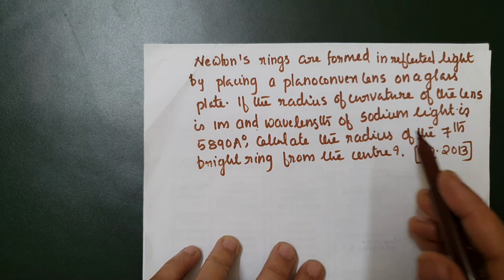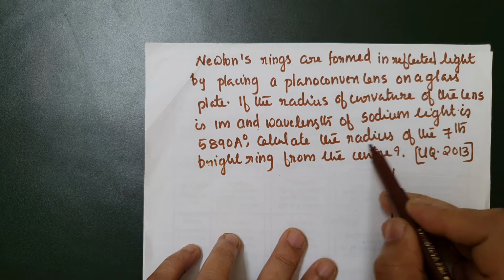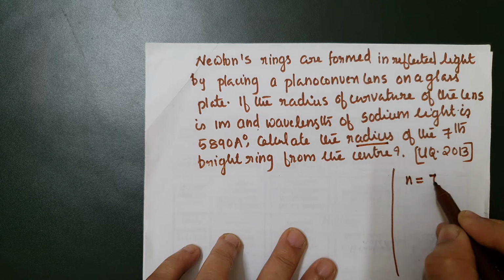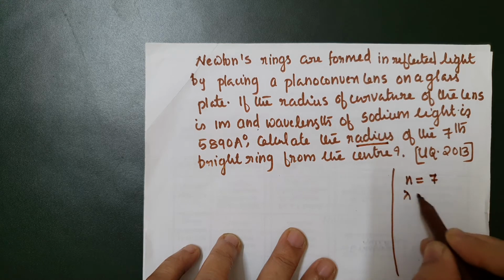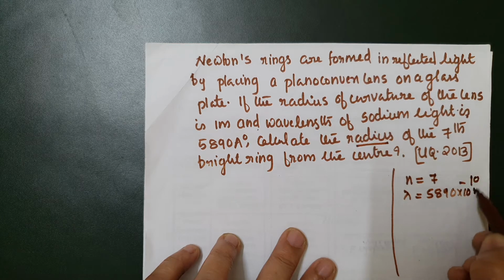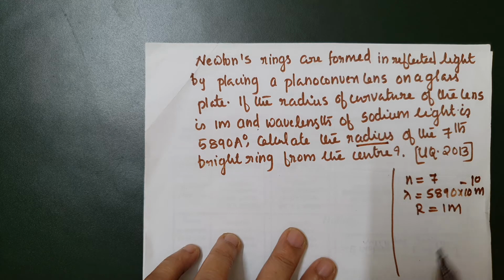Here also we have to find the diameter first, and then the radius, where n is equal to 7 and lambda is 5890 into 10 raised to the minus 10 meter. The radius of curvature is 1 meter.